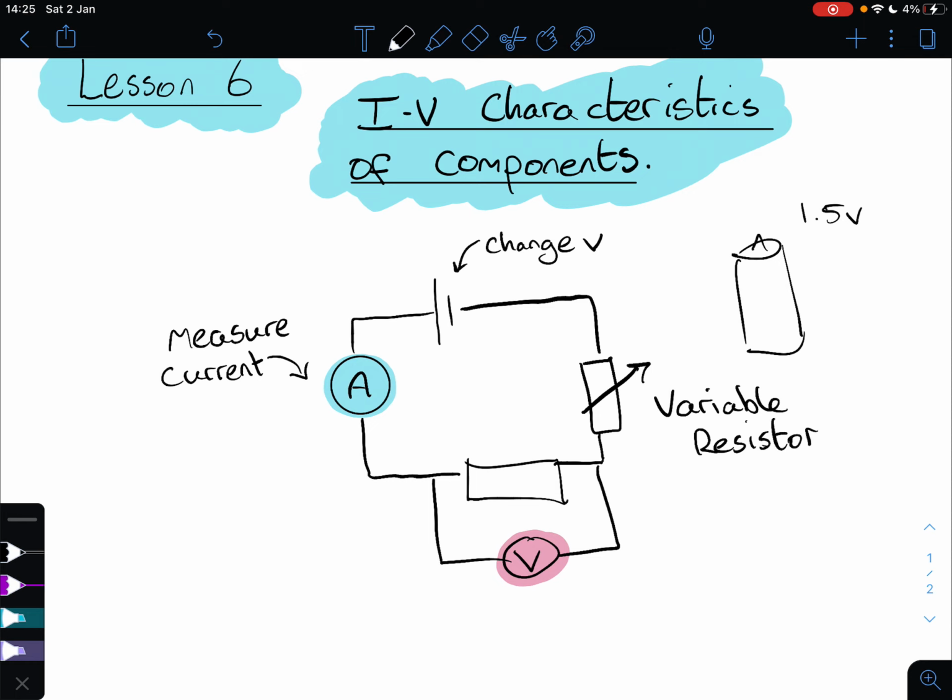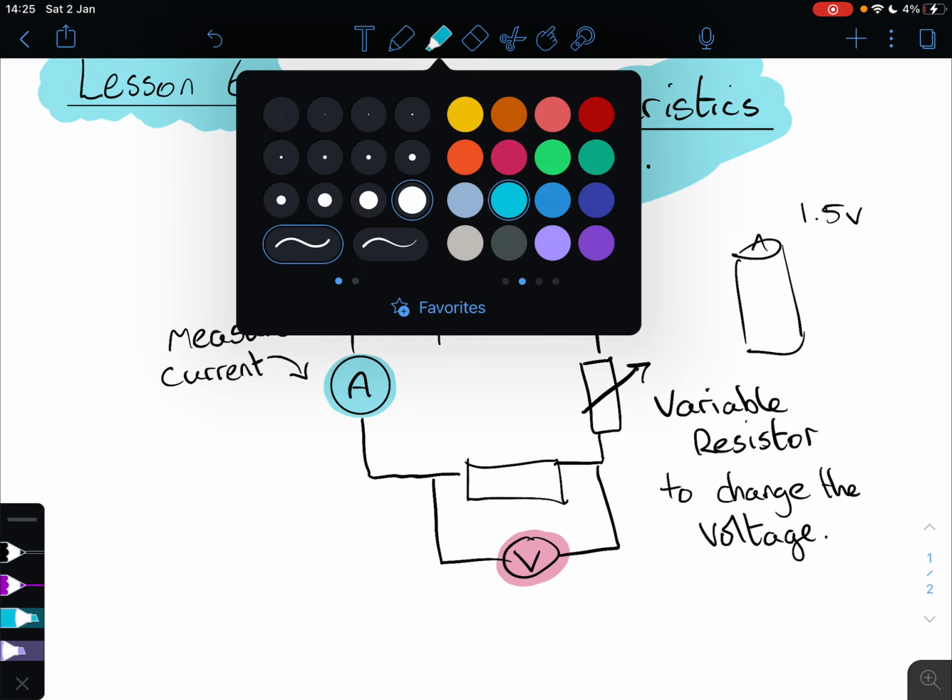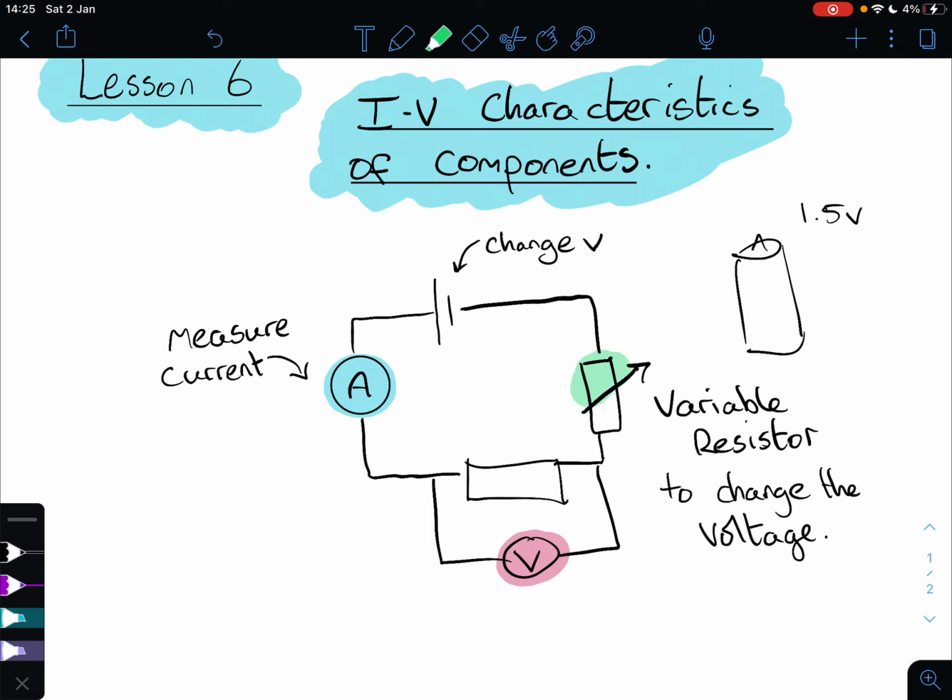And let's just annotate that, to change the voltage. Okay, I'm going to put that in green. That's just a little add-on that we need to be able to change it if it was a cell. So in textbooks you'll get it like this, but in real life we already use a power pack where we can change it ourselves.